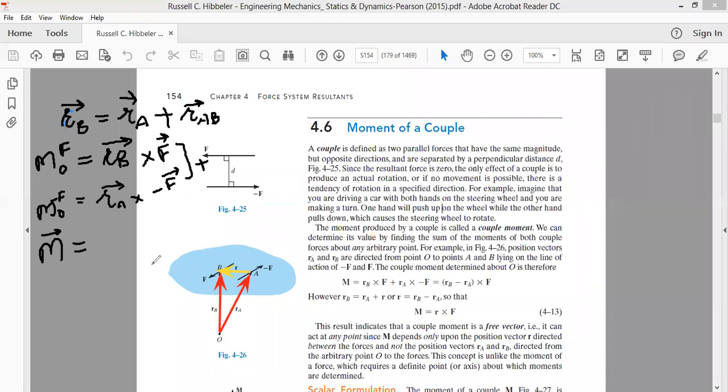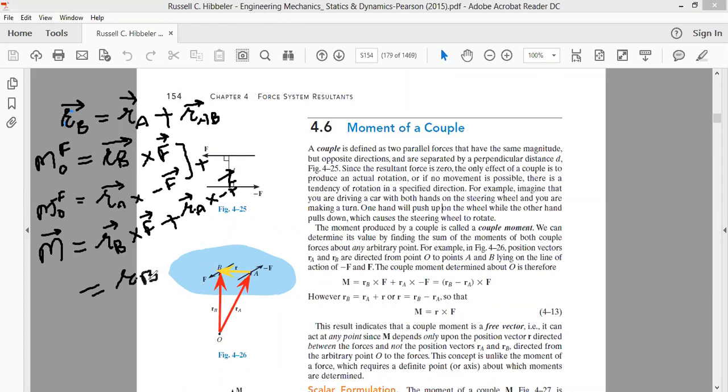So that will be equal to RB cross product with F plus RA cross product with minus F. That is simply what we can write as RB.